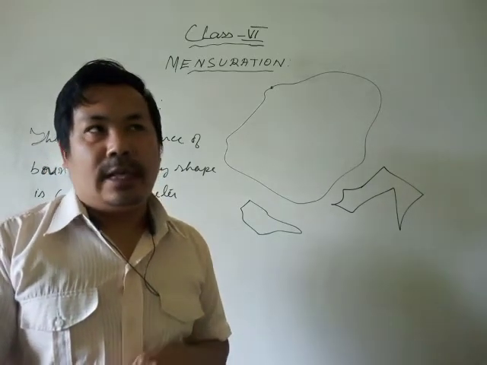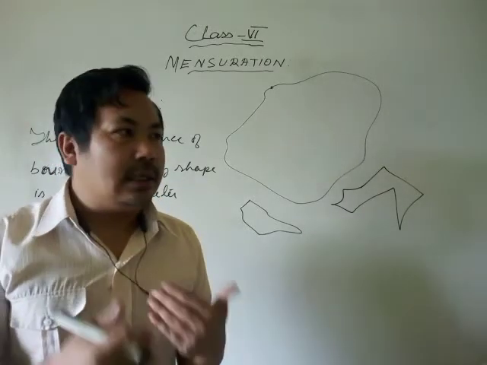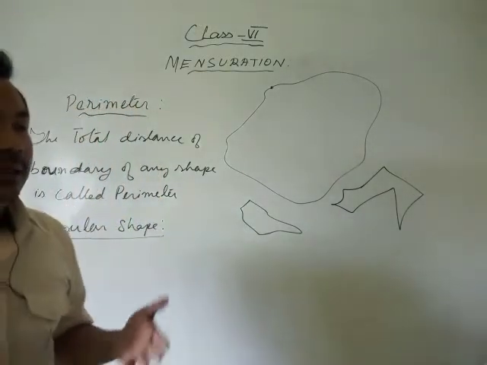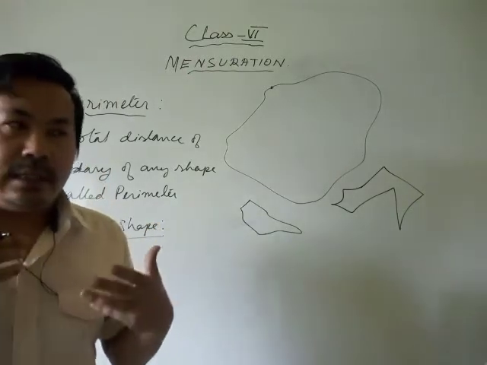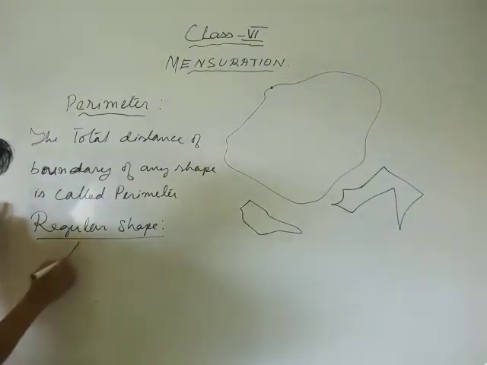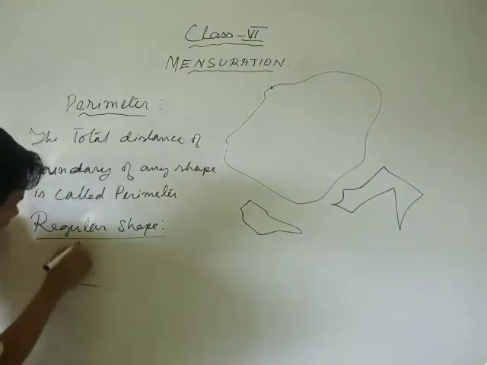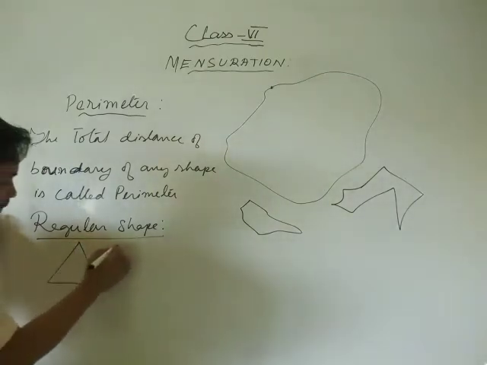For the regular shapes, they have sides. So what is a regular shape? Regular shapes are the shapes which have equal sides. For example, an equilateral triangle: all the sides are the same. So this is a regular triangle, called an equilateral triangle, and it has sides.